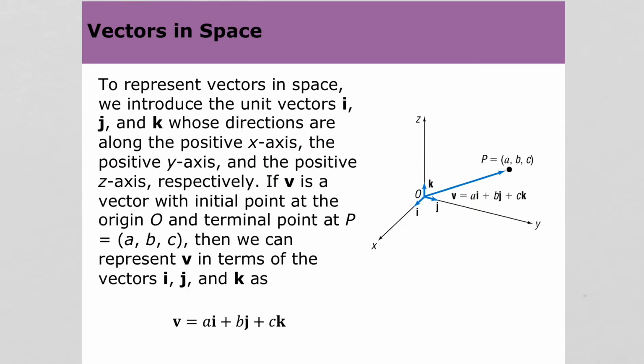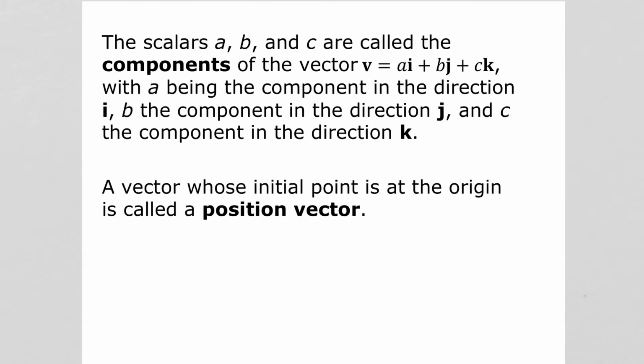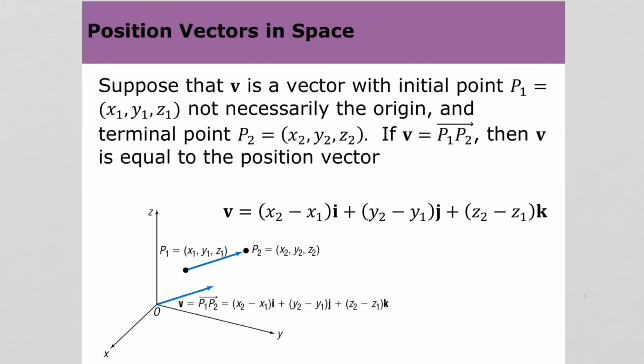So vectors in space, instead of just having ai and bj, we now have ck, and a, b, and c are the components. The vector whose point is at the origin is the position vector. This is just a review of what we've already talked about. So position vectors in space are the same as before.